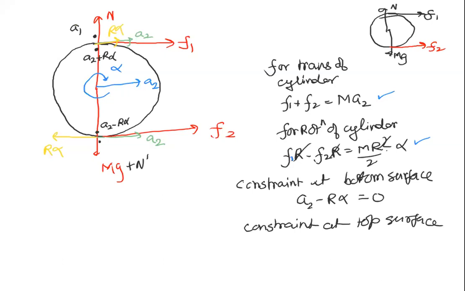Remember, the acceleration of the point of contact in both bodies must be the same. So we get A2 plus R alpha is equal to A1. But this gives me A2 is equal to R alpha. So this gives me A1 is equal to 2A2.